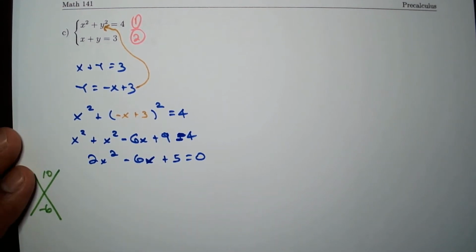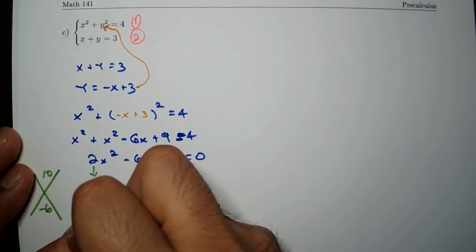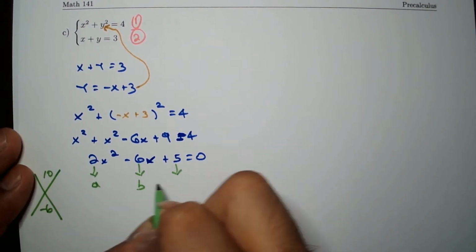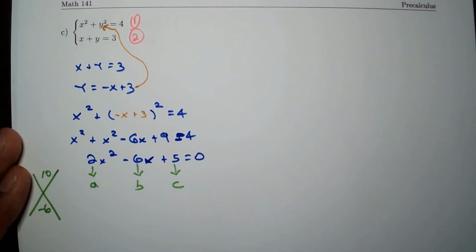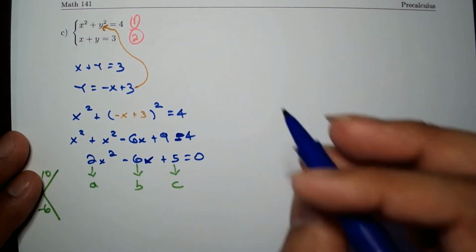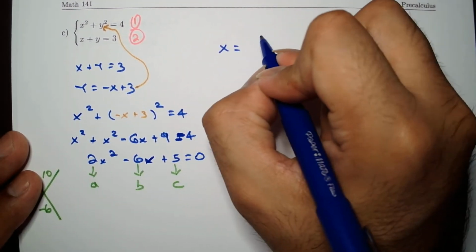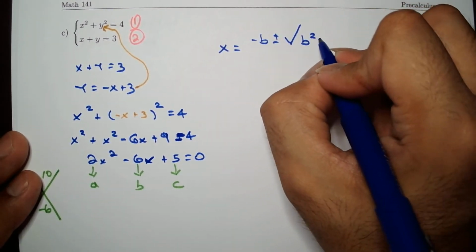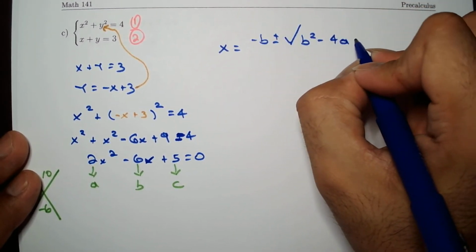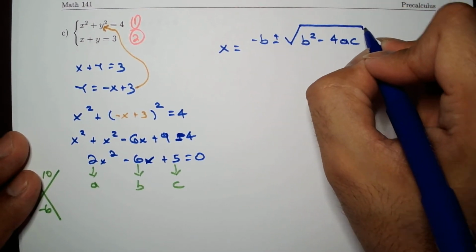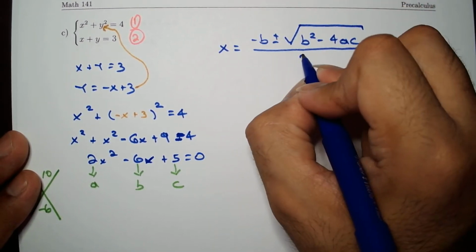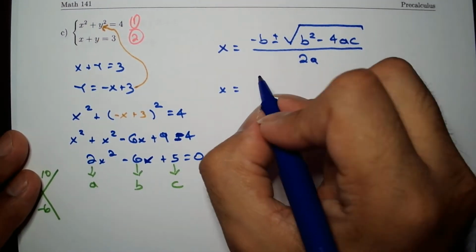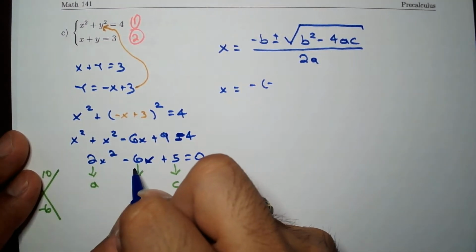So we're going to use the quadratic formula in this case. Identify the constants a, b, and c. Let's recall what the quadratic formula is. X equals minus b plus or minus the square root of b squared minus 4ac, the whole thing divided by 2a. So x equals minus negative 6.